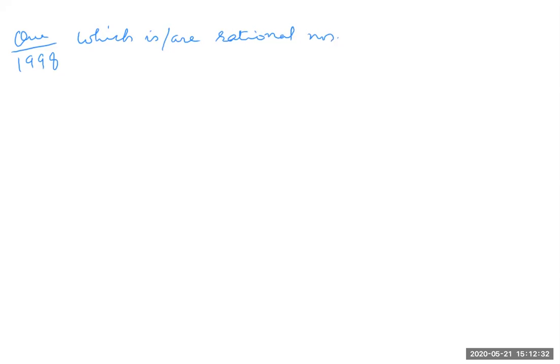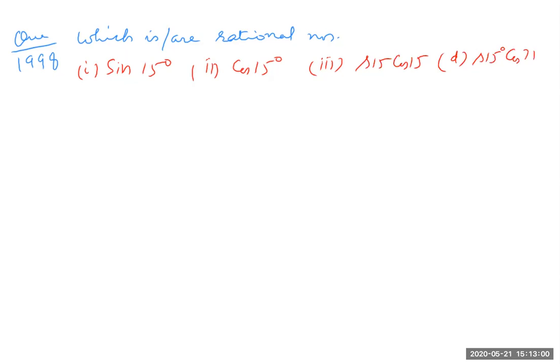More than one option may be correct. Which of the following are rational numbers? First option is sine 15 degree. Second option is cos 15 degree. Third option is sine 15 cos 15. And the fourth option is sine 15 cos 75. More than one option may be correct.